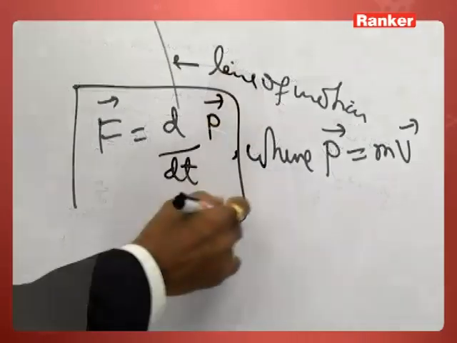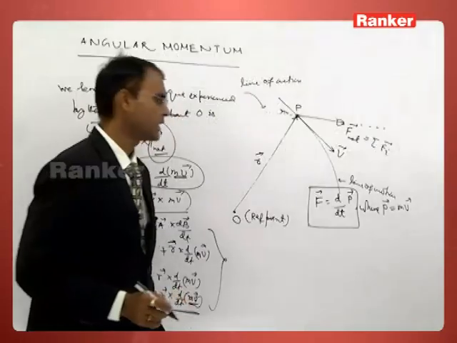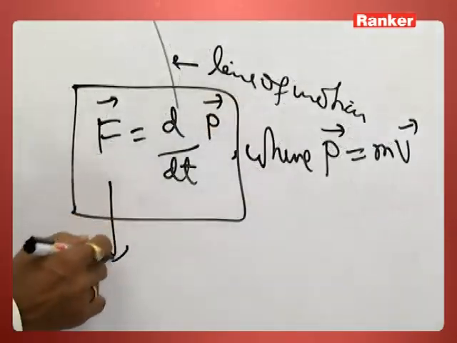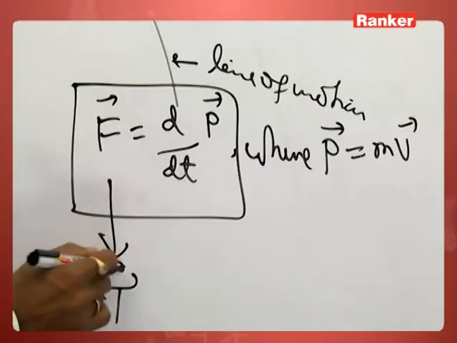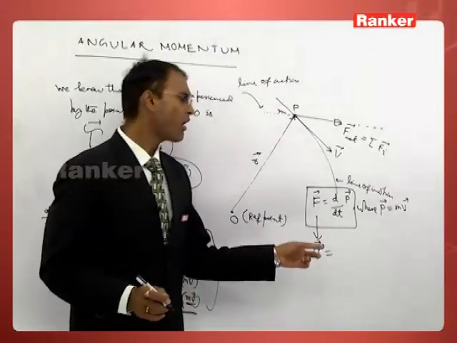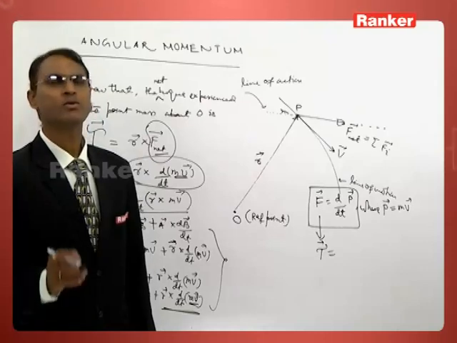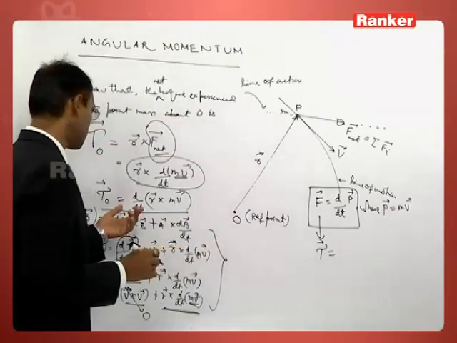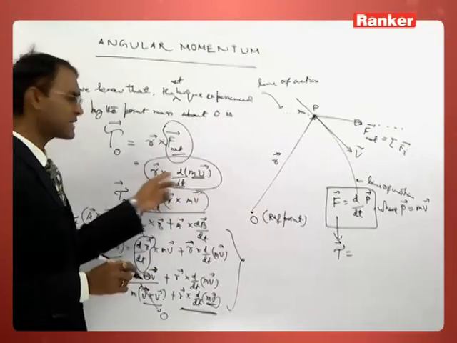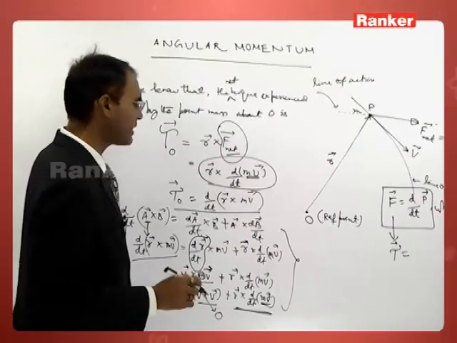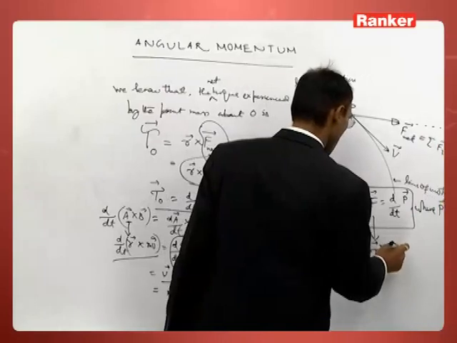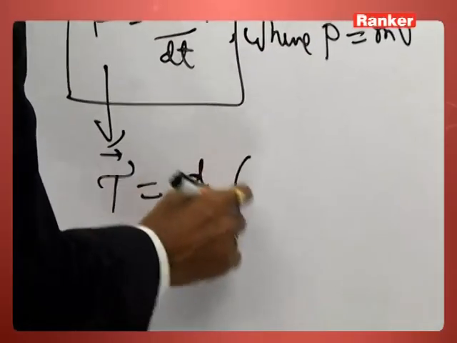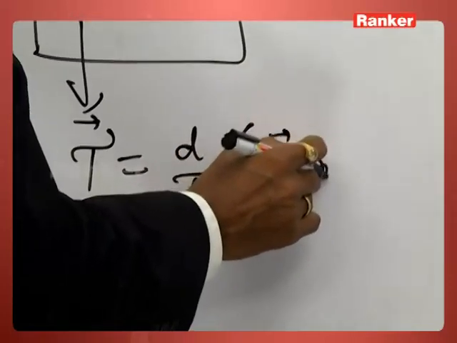When the force changes linear momentum, we should expect that the rotational analog of the force should change something. And actually it is changing something, but this something is a strange looking term, R cross mv. Tau is equal to d upon dt of R cross mv.